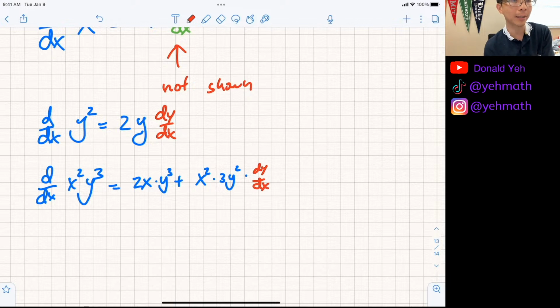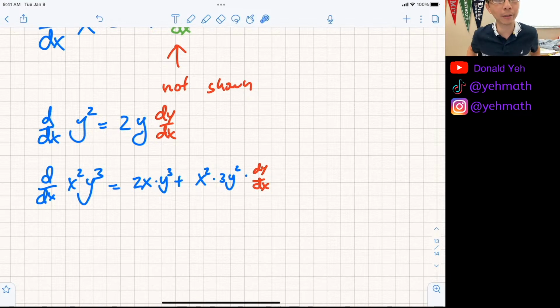The dy/dx is a derivative. The action is taking the derivative with respect to x of x squared y to the third. When you write dy over dx in red, are you saying that represents the derivative of that? Yeah, this is what we're trying to get. We're trying to get dy/dx. dy/dx is the derivative.